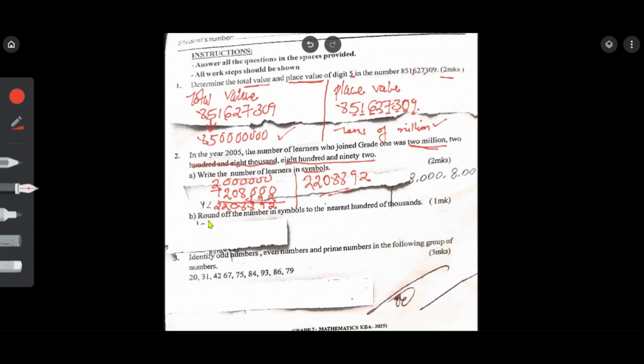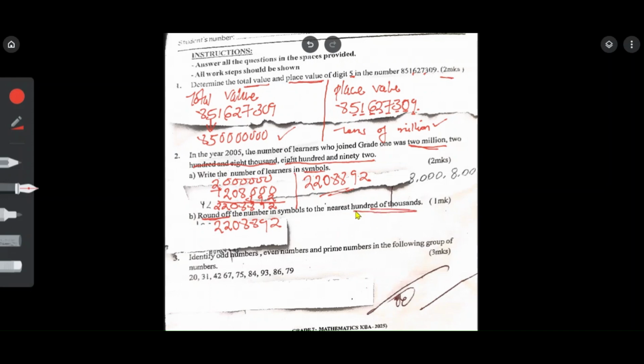The next one, we want to round off the number in symbols to the nearest hundred of thousand. So I'll come and write the number above: 228, then you have 8, you have 9, 2. The instruction here is to round off to the nearest hundred of thousand.